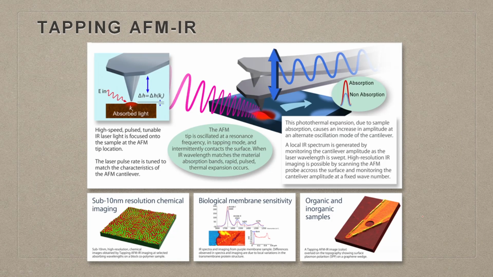A further advancement of this is tapping AFM-IR, which is an even more advanced form of it, where you are taking the tip and tapping onto the surface like this.